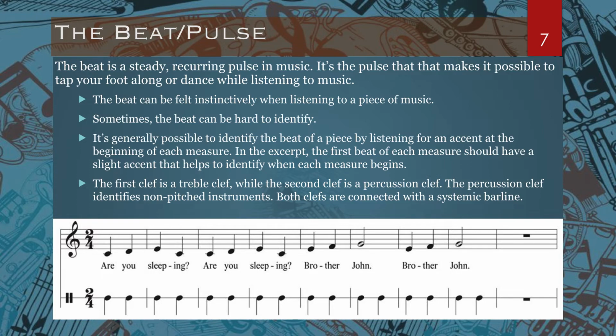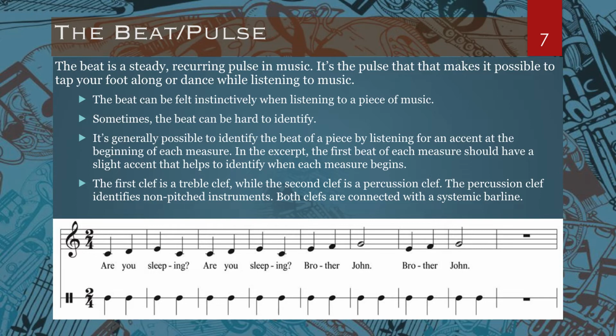The treble clef, as we know, identifies pitched instruments, and it allows performers to play specific pitches. The percussion staff doesn't deal with pitch. Instead, it simply deals with non-pitched instruments, and you'll generally see that laid out as a single line, where you just have notes that indicate the rhythm.